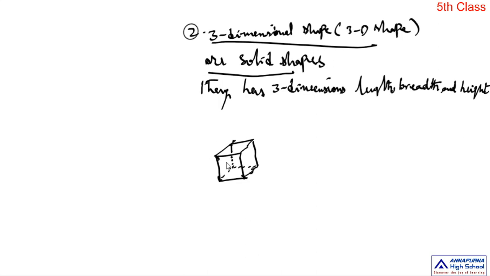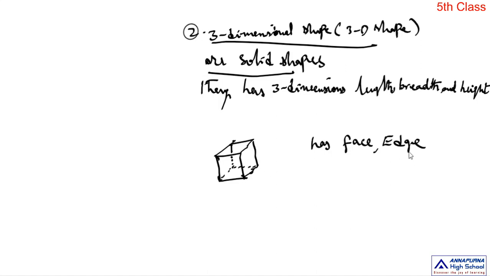This is the three-dimensional figure. What are the main components of this solid shape? It has face, edge. This is called the face, and this is called the face. How many faces are there? Suppose we count 1, 2, 3, 4, 5, 6. 6 faces.